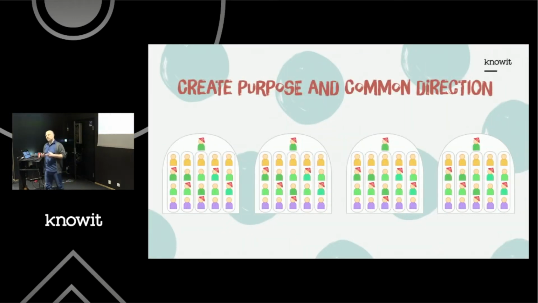So part of what is really important is to create a shared purpose and an understanding of a common direction. So this is a simplified illustration of an engineering organization with 4 product areas.